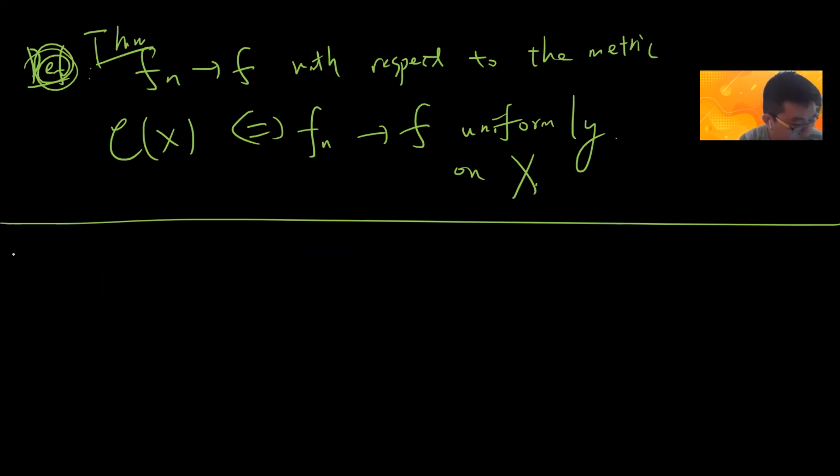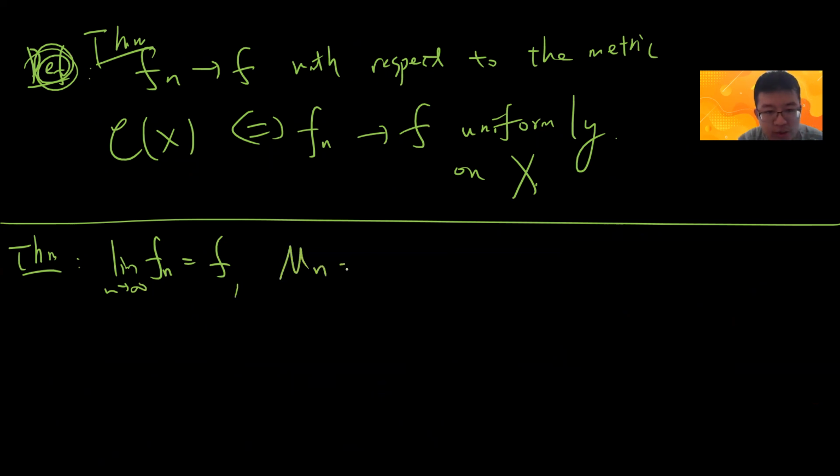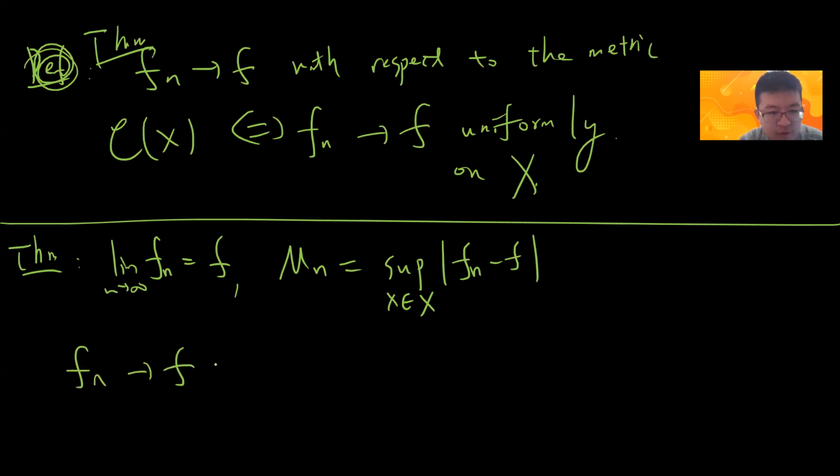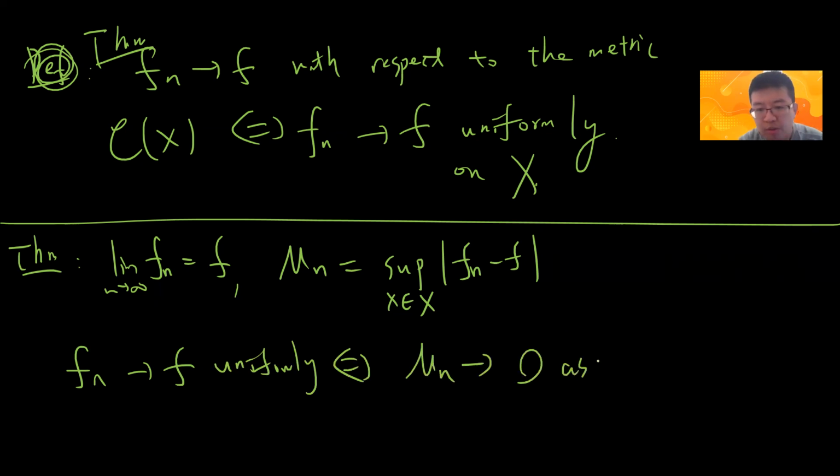Okay, so let me just write down the theorem that I already proved. Suppose you have this, and you define Mn to be the sup over x belonging to X of |Fn(x) minus F(x)|. Then the theorem says that Fn converges to F uniformly if and only if Mn approaches 0 as n goes to infinity.